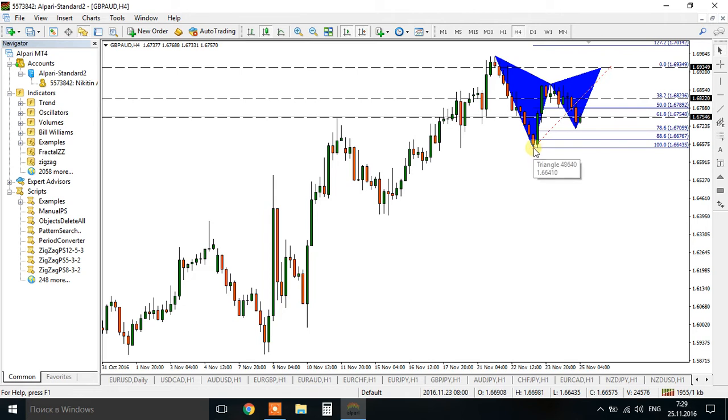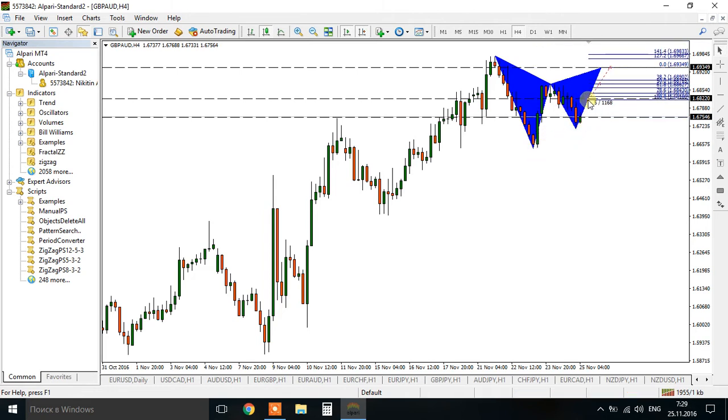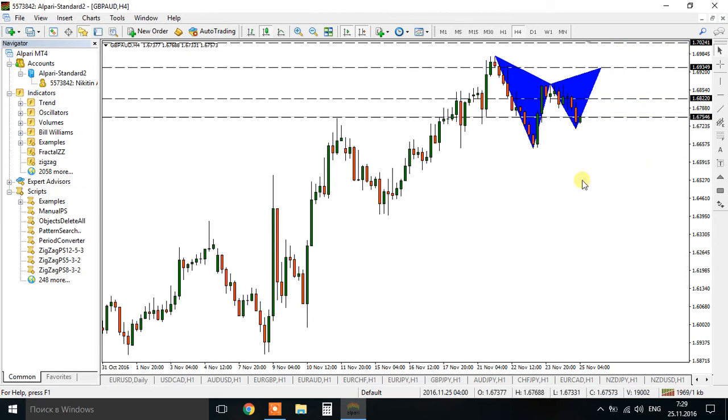And where is the stop loss? You need to measure the 382 as 100, and then drag to see the 786. Here it is, the 786 line for your stop loss. 786% of your target level.